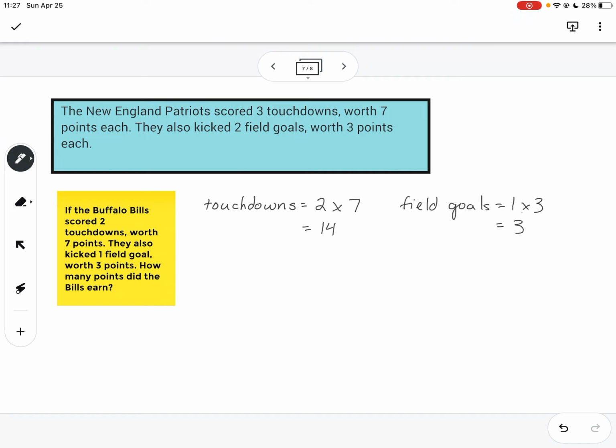So 1 times 3, which would be 3. So their total points would be 14 plus 3, which is 17 total. So therefore, the Bills scored 17 points.